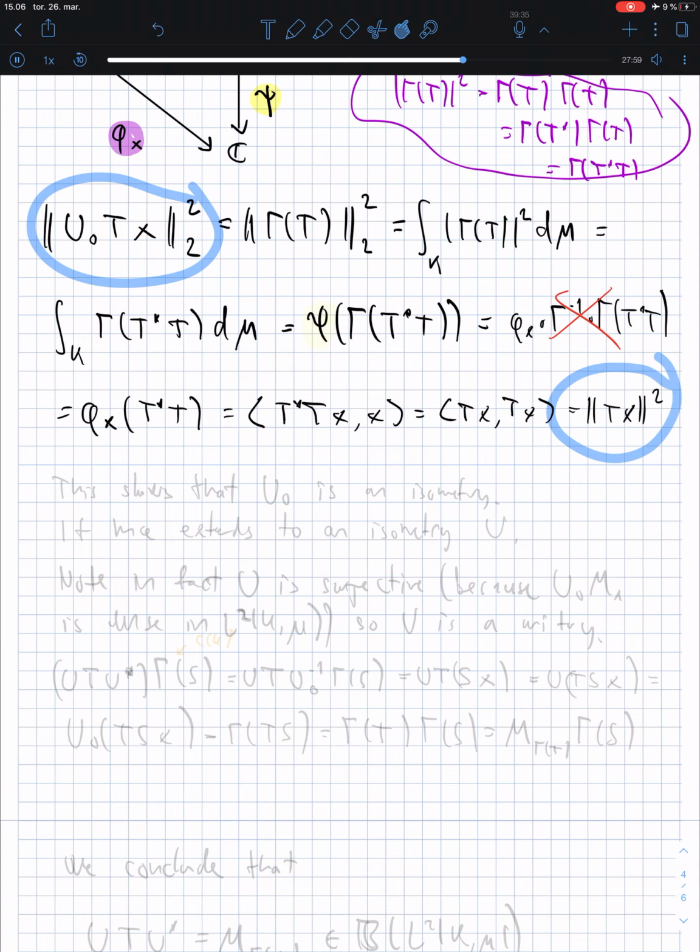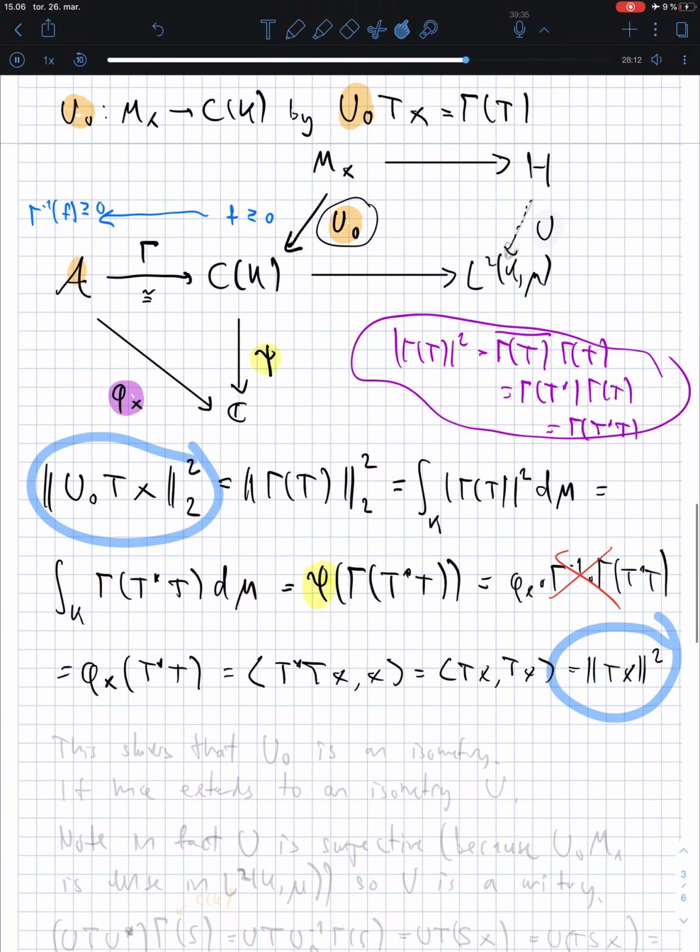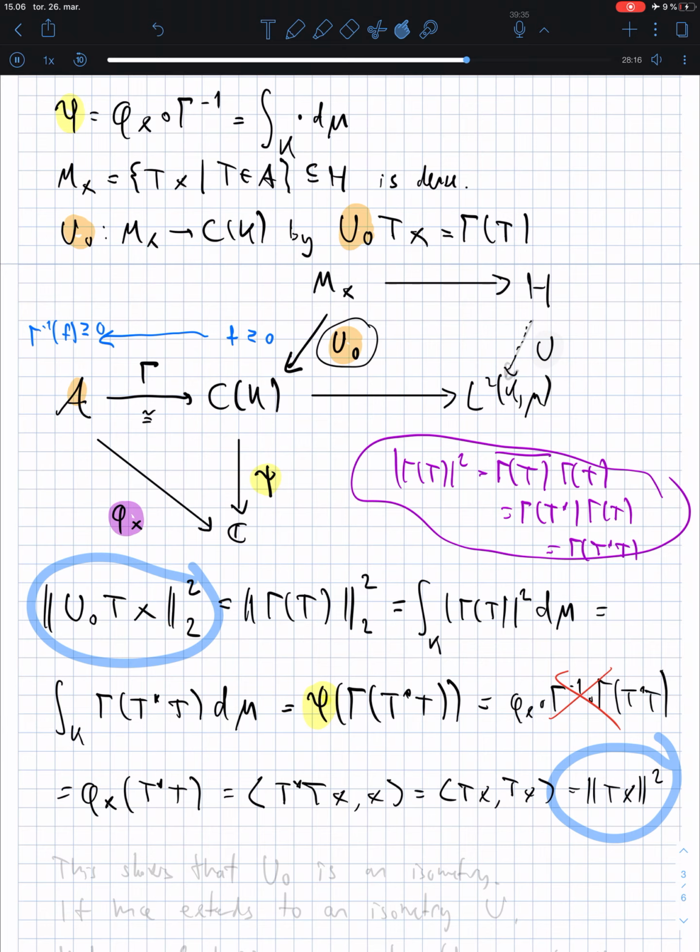It looks complicated, but I just used the definition of the length of u0 Tx, and then at a crucial point, I'm using that psi and the L2 norm are intimately connected, because I used psi to create the mu measure, and so I can use psi to compute the norm of gamma T star T. Then the way that psi was built using phi x and gamma, things cancel out, and I end up with phi x of T star T, which is clearly the norm of Tx. So this is somehow the key setup.